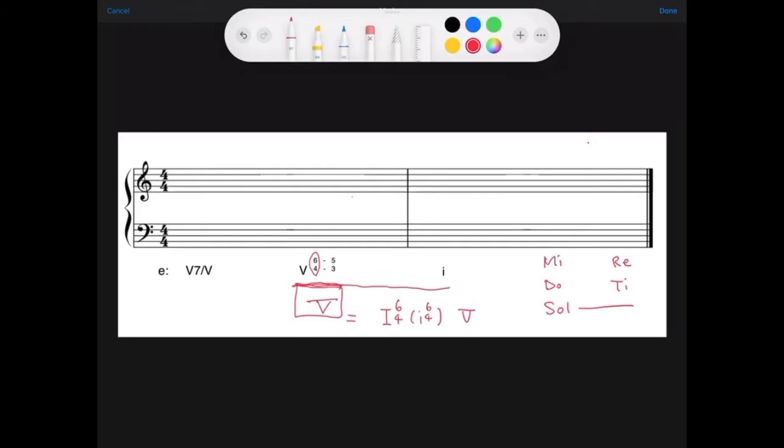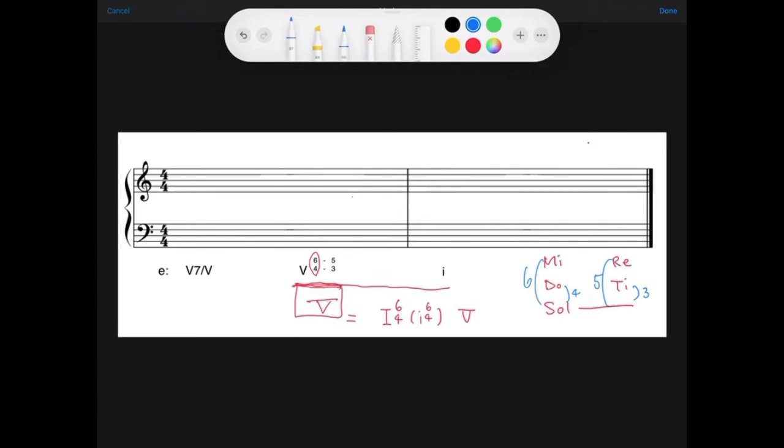And why is it called cadential 6/4? And why do we use those figures? 6/4 with slashes to 5/3. It's to represent the intervals. So let's look at this. So to ti, we know that's a 3rd, right? So to re, we know that's a 5th, hence 5/3. And so to do, that's a 4th.